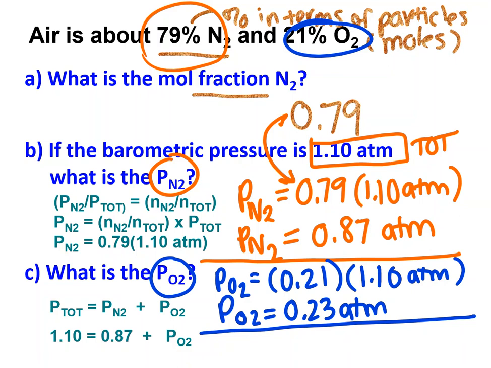Or you could get it by adding and subtracting. It's basically this equation here, where I would take the total, which was 1.1, and this is the partial pressure we had for nitrogen, and just solve for this one.